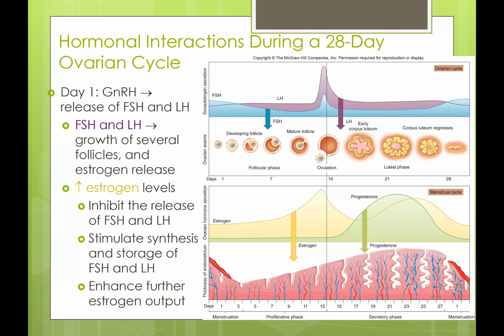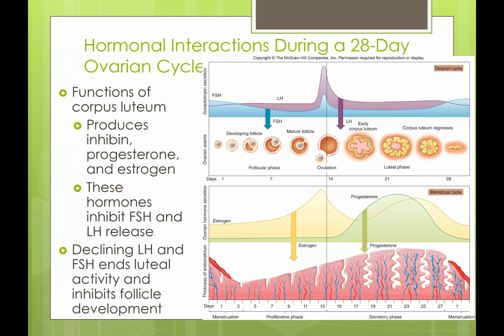Like we said, the corpus luteum, once fully developed, can also secrete estrogen and progesterone. So we see these increased levels here when we have that corpus luteum. And then if that egg is not fertilized, then those levels are going to continue on down. So let's talk a little bit more about our functions of the corpus luteum. It's also going to produce inhibin, which, remember, will go and tell the anterior pituitary gland to stop secreting FSH.